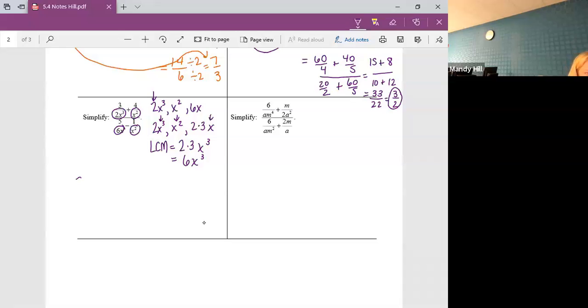So I'm going to put 3 over 2x to the third, just rewriting what I had, 4 over x squared, 5 over 6x minus 1 over x squared. And I'm supposed to multiply all of that by my least common multiple over itself.